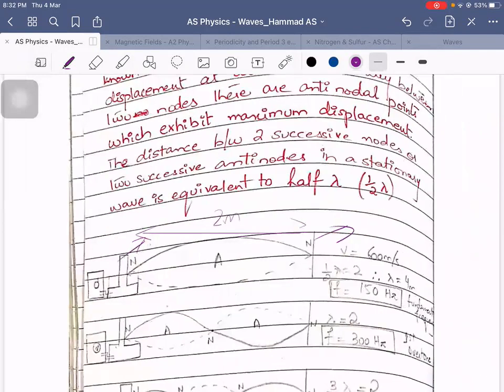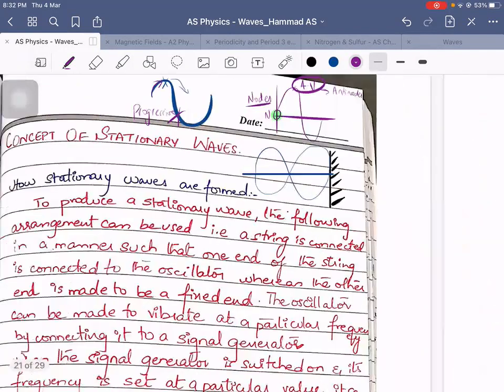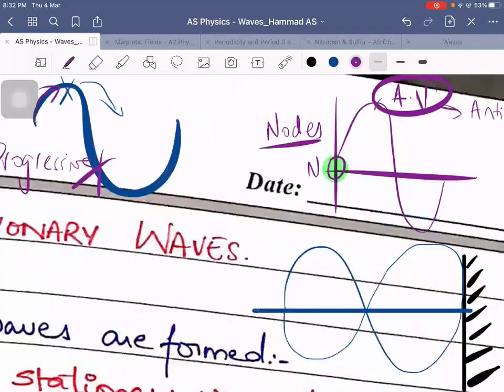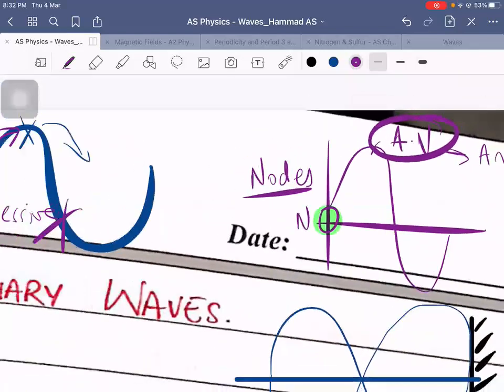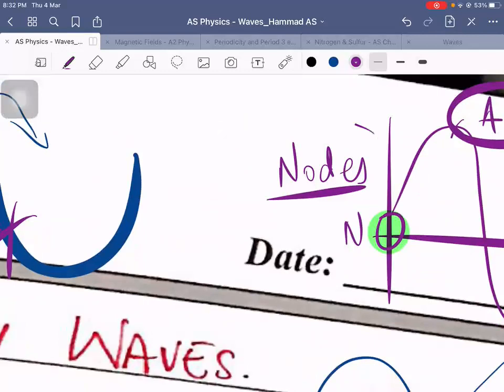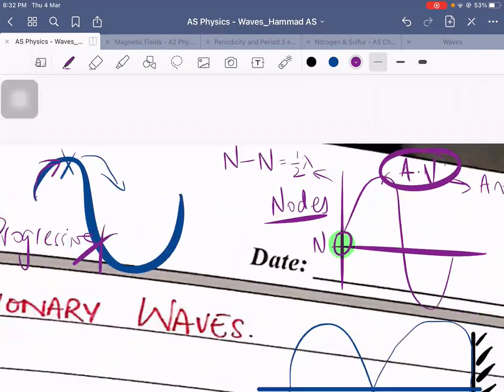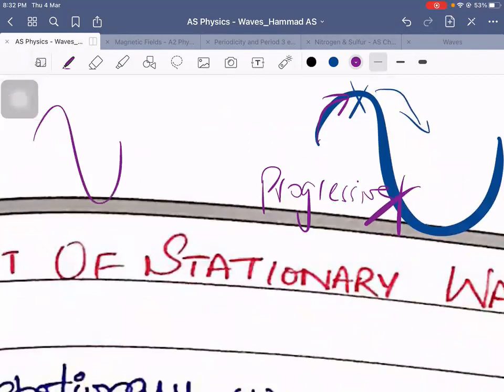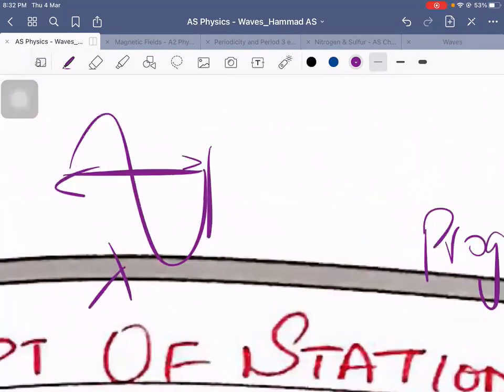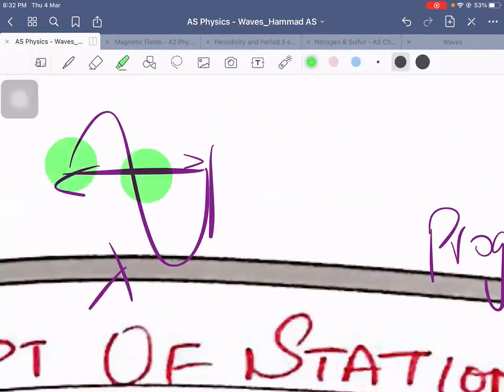Before we move on, please understand that in stationary waves, the distance from node to node is equal to half lambda. How do we come about this? If we have a complete wave, that forms one wavelength, right? So two nodal points would have half a wavelength between them.